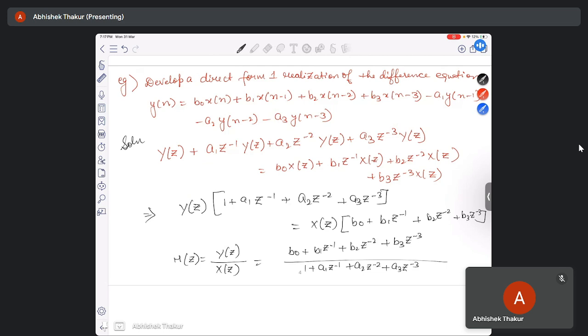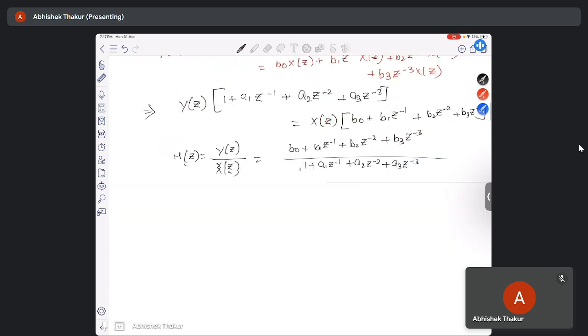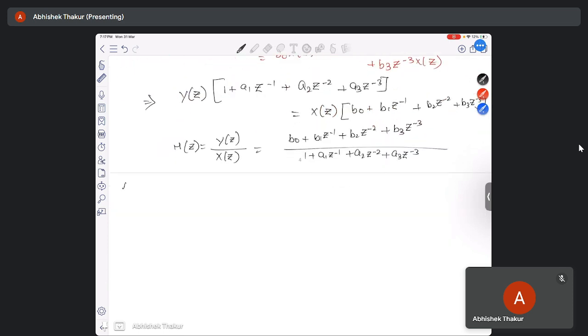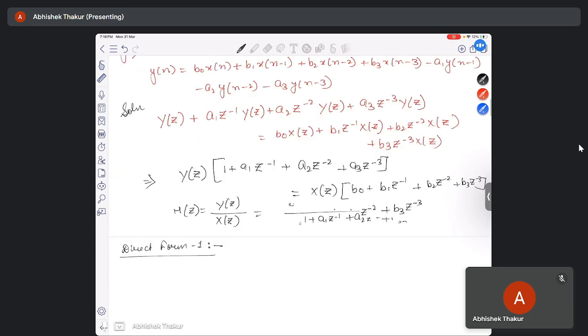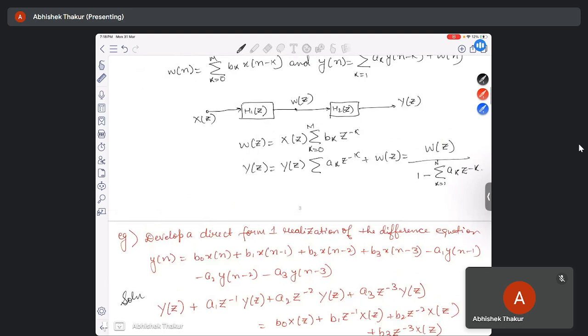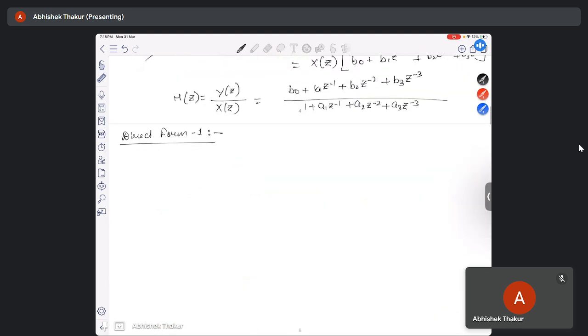Now we have to represent it as a direct form 1. So the corresponding direct form 1. So here what we have seen for direct form 1, first we will represent the zeros part and then we will represent the poles part. Okay. So x of z is first.